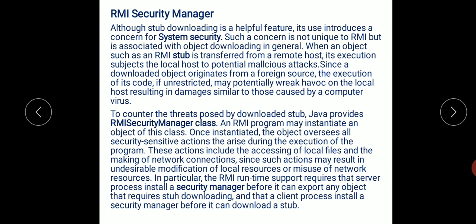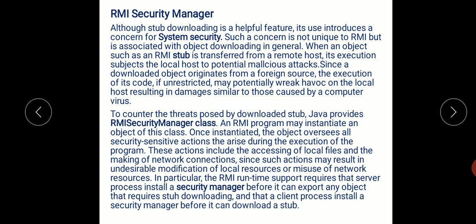The next concept is the RMI Security Manager. Although stub downloading is a helpful feature, its use introduces a concern for system security. Such a concern is not unique to RMI, but is associated with object downloading in general.